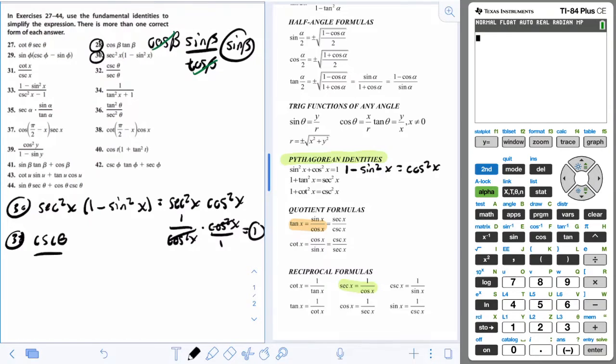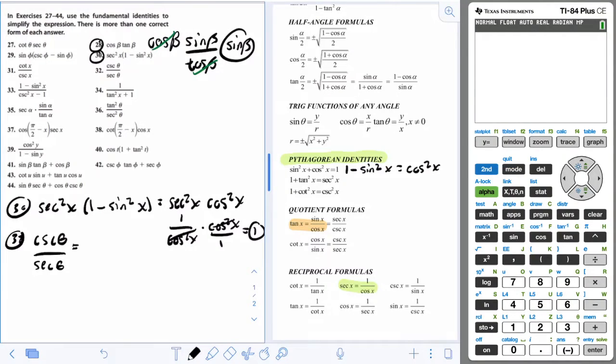So for 32, I've got cosecant theta over secant theta, and again, I'm going to look at my reciprocal formulas down here and try and make some substitutions. So I always say try and change it to sine and cosine, and it's going to make simplifying these a little bit easier. So because secant is 1 over cosine, I'm going to take this secant and just move it up to the numerator, because I want to make this a little bit clearer, just in case you can't see really what we're talking about here.